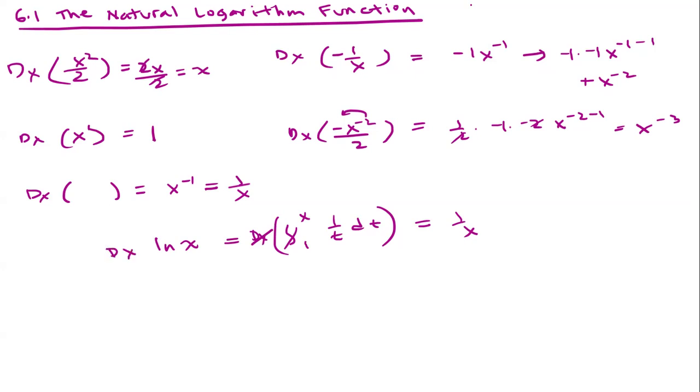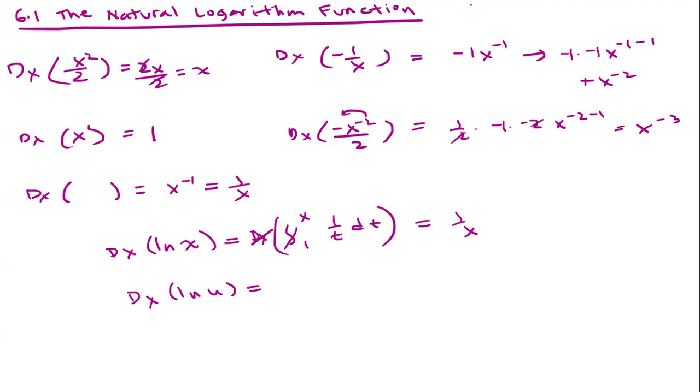So when we take the derivative of ln of x, it is 1 over x. Now, one thing we have to keep in mind is another way we can write this is d/dx of ln of u, which means we need to consider the chain rule.